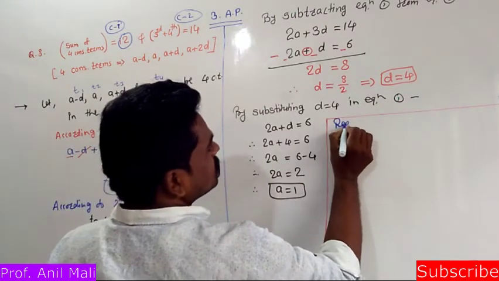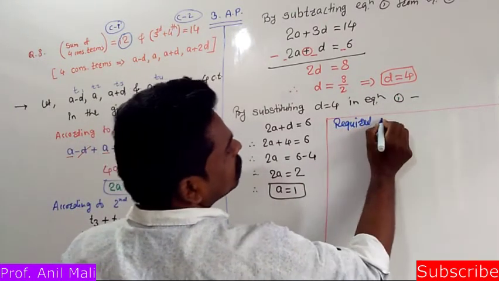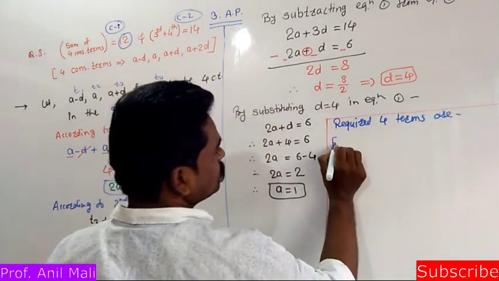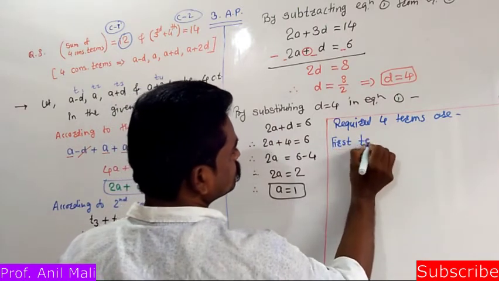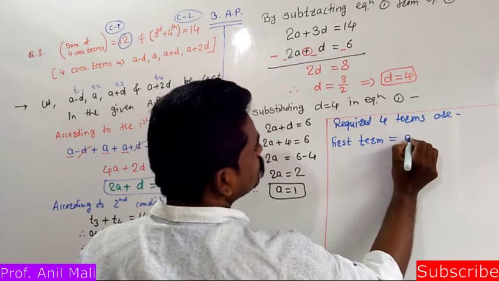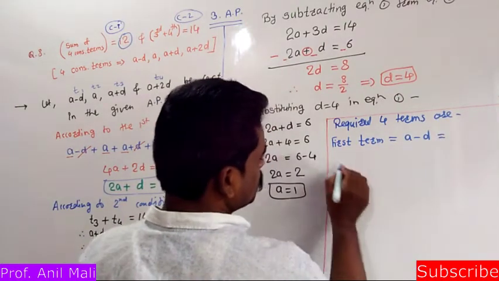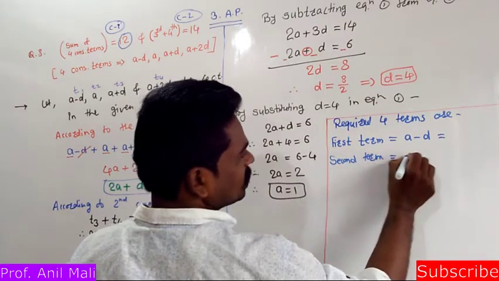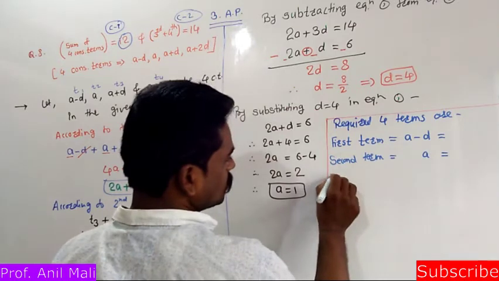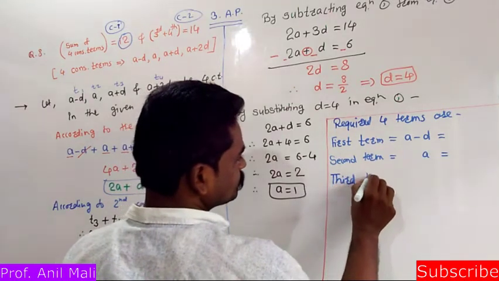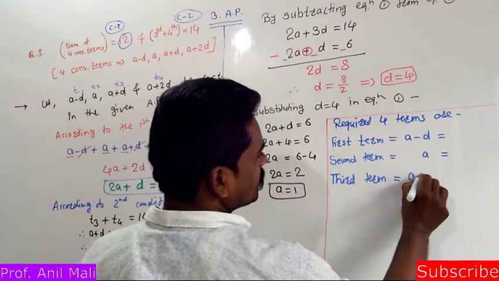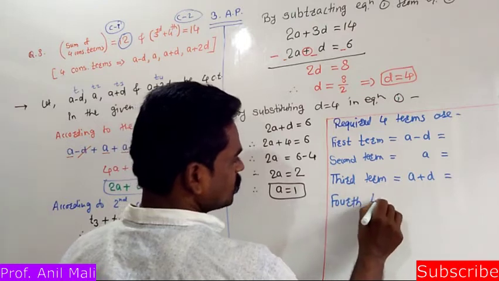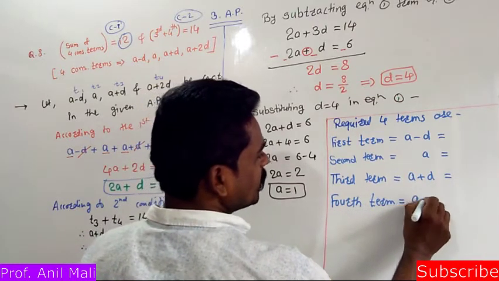So the required 4 terms are: first term is equal to A minus D, second term is equal to A, third term is equal to A plus D, and fourth term is equal to A plus 2D.